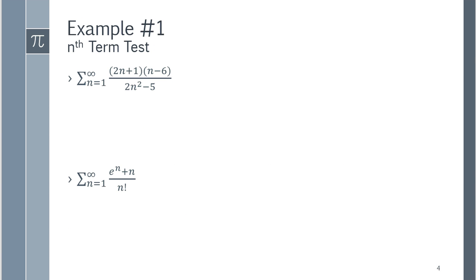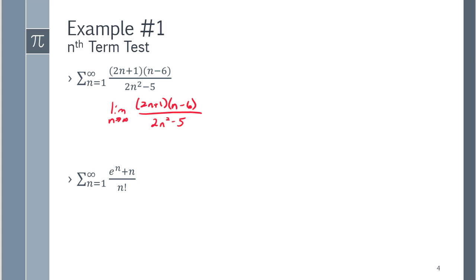So some examples of this, if I have the sum where n's going from 1 to infinity of (2n plus 1) times (n minus 6) over 2n squared minus 5, well, the nth term test says, let's look at the limit as n goes to infinity of (2n plus 1) times (n minus 6) over 2n squared minus 5.